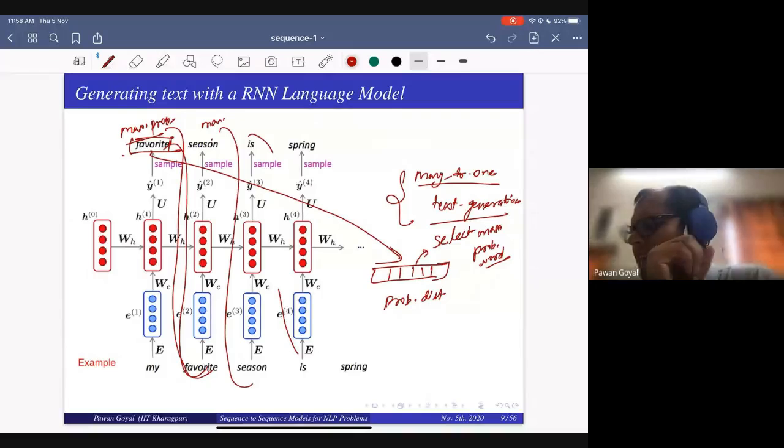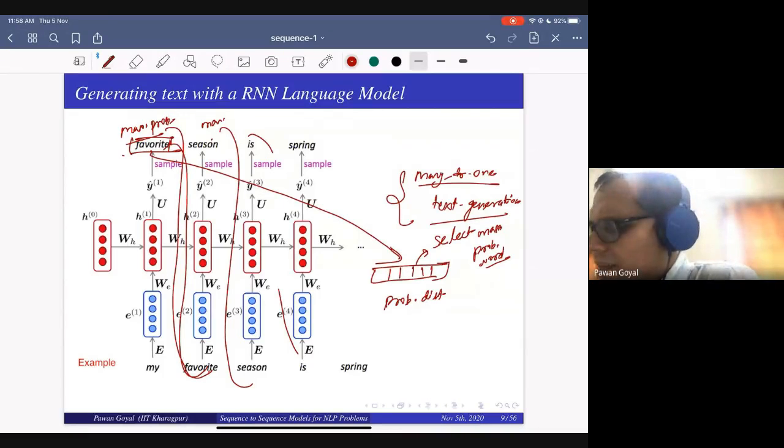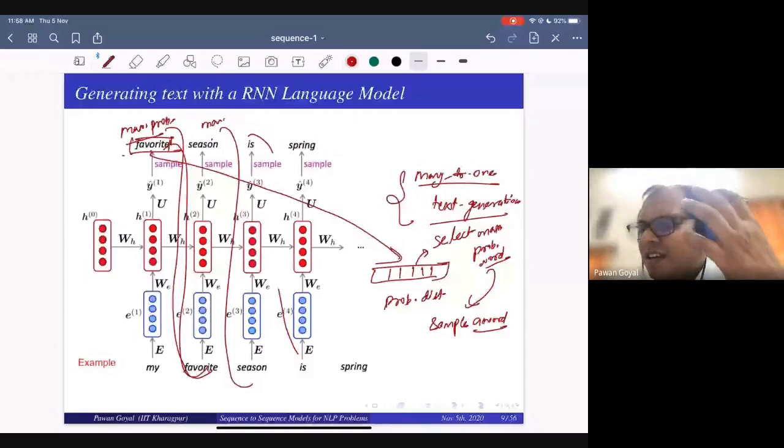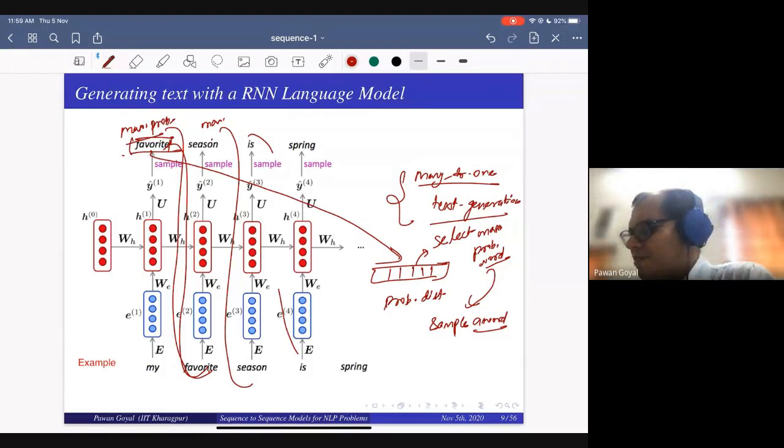Instead of selecting the max probability word, I'll sample a word. You know how to sample a word from a probability distribution. You're not taking the max probability word, but sampling as per their probabilities. So when you sample, you will not always get the word with the highest probability. You will get some words randomly from this. So that's where you can do sampling instead of taking the highest probability word, and that will give you different types of sequences.